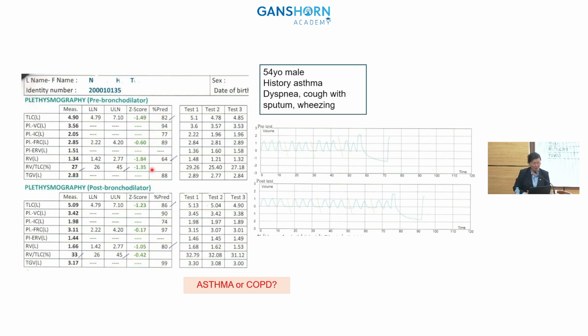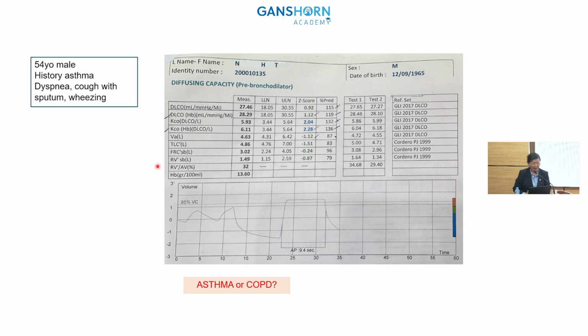And there is also no air trapping. And about DLCO, it's so big, DLCO, KCO, and normal VA. So how do you think, Dr. Tuyet, asthma or COPD?